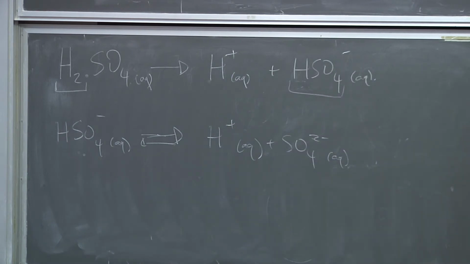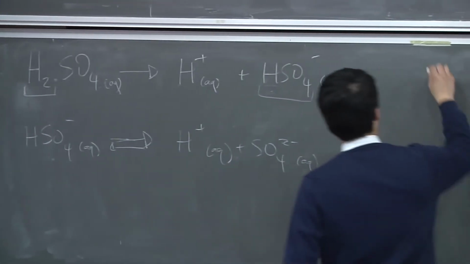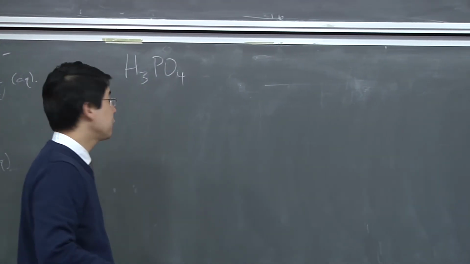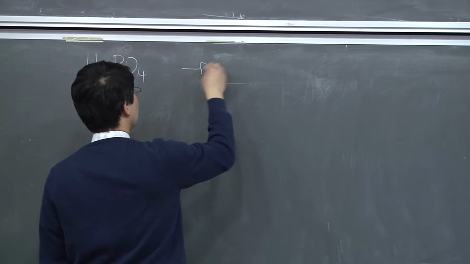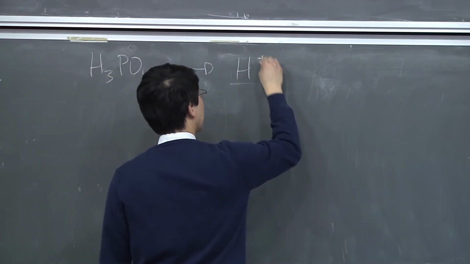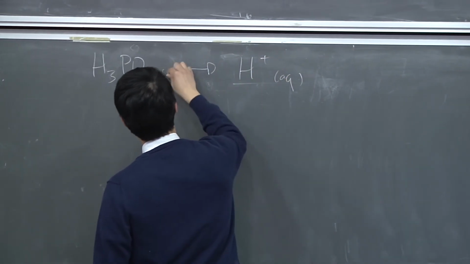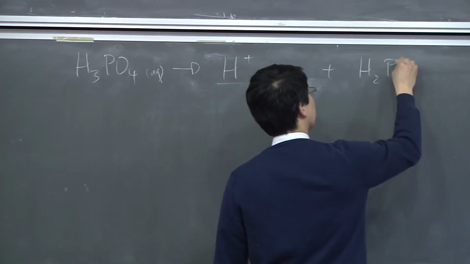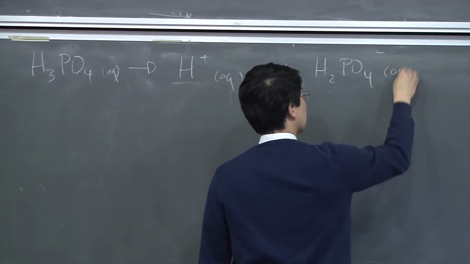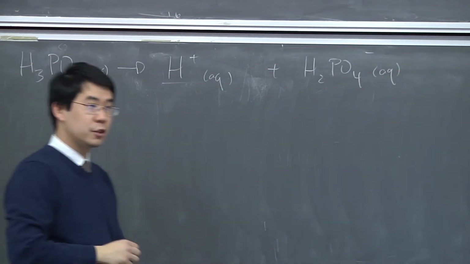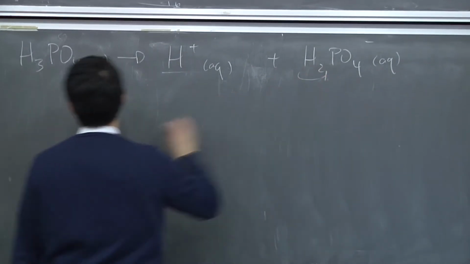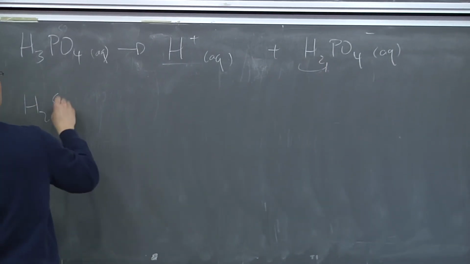Something like H3PO4, phosphoric acid, that's what's called a triprotic acid. That's going to give you H plus and H2PO4 minus. That's dihydrogen phosphate, right? That itself is a polyprotic acid, so that can give you H2.